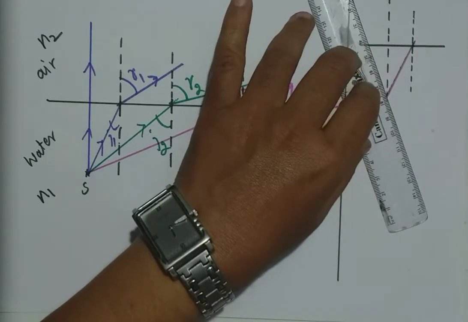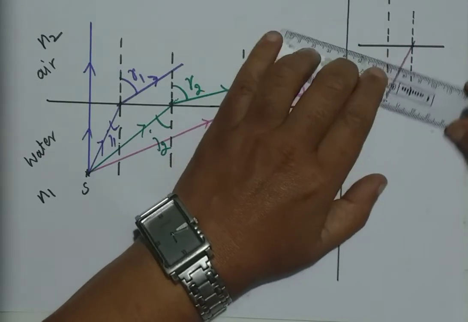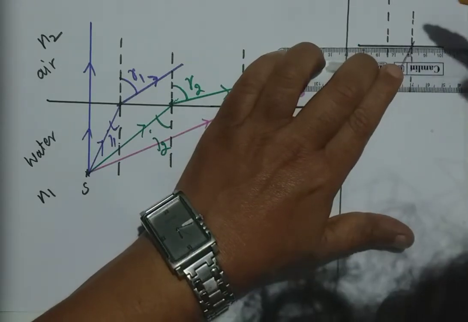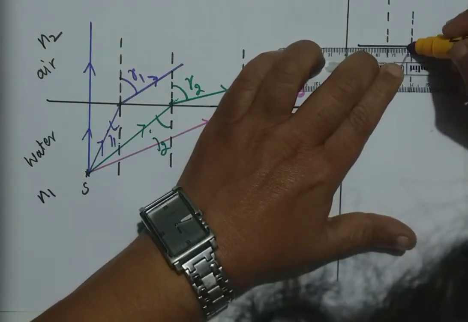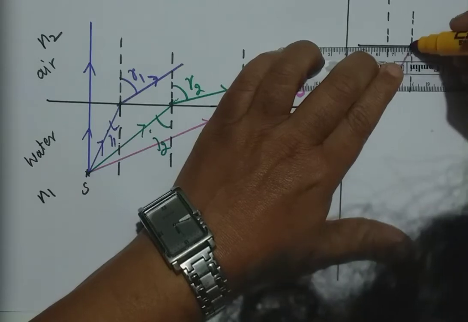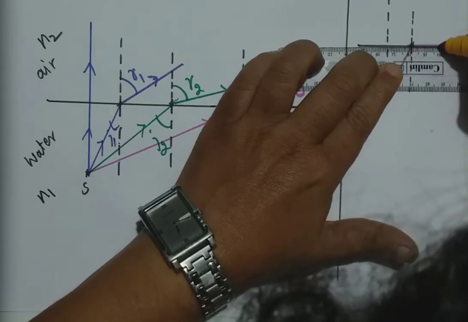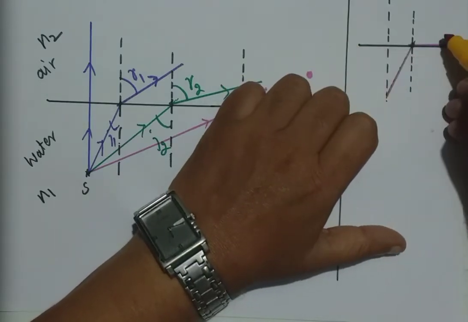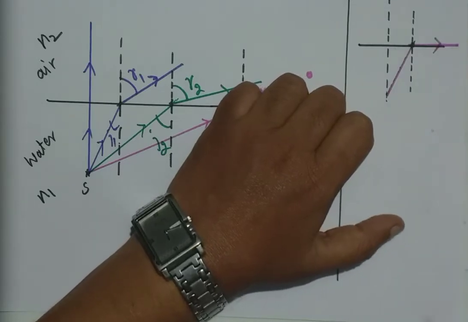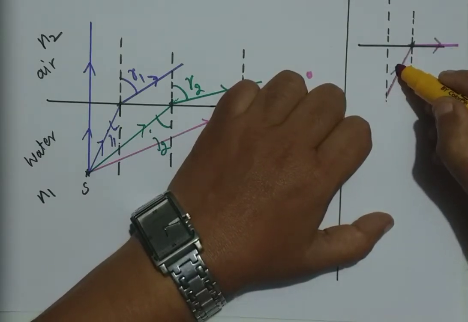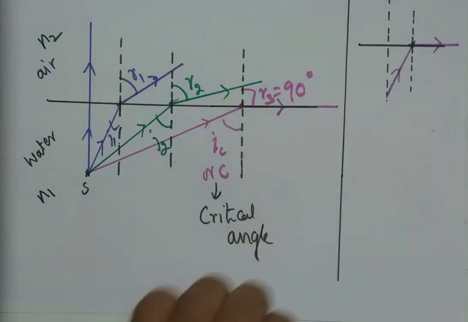Now we write the refracted ray which grazes over the surface. This word grazes is very important because in many numericals the word grazes is used. You must take the angle as 90 degree with the normal.